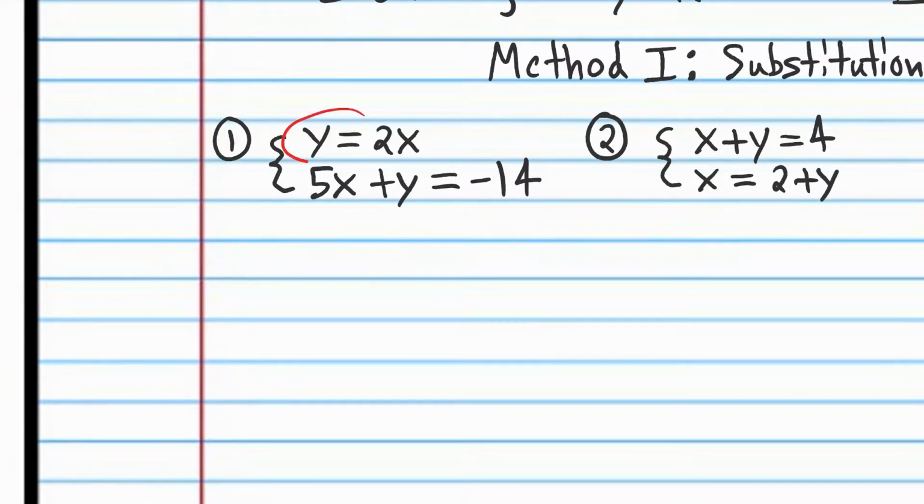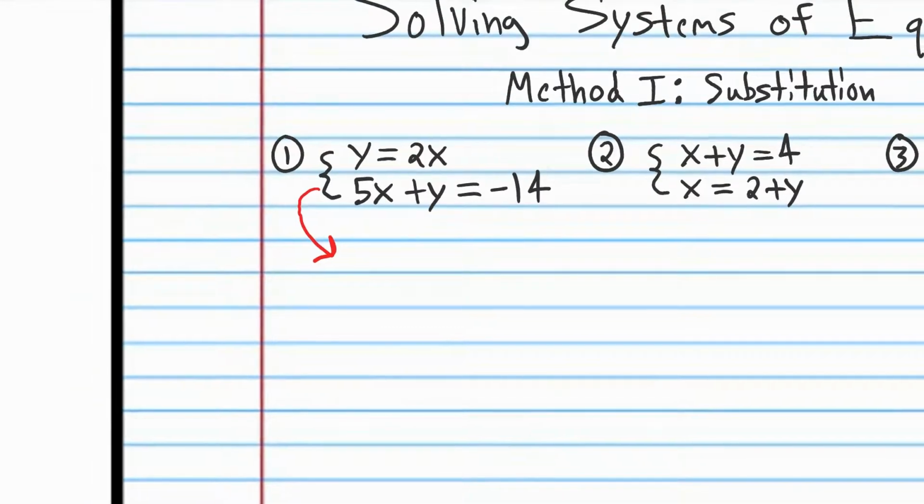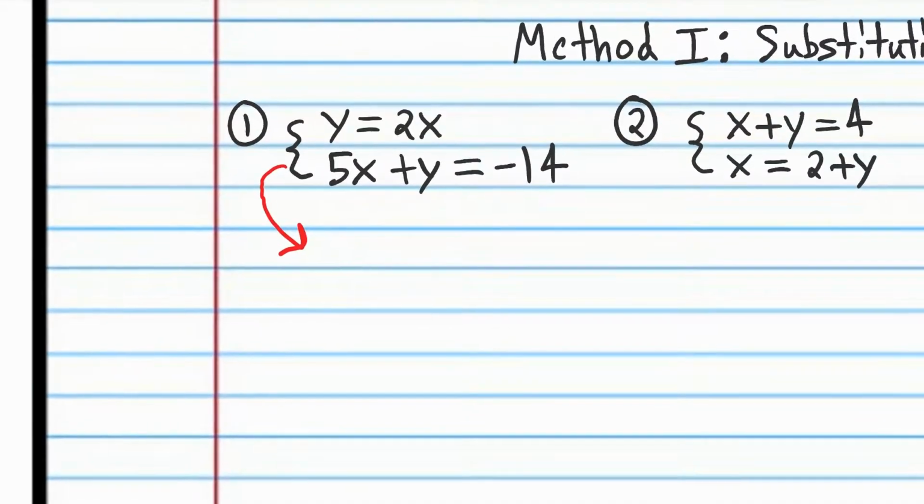So this is the equation where a variable is isolated, the y is isolated. So we're going to take the other equation, the equation where y is not isolated, and we're going to rewrite that equation. And notice that I put an arrow. I guess I'll just put a black arrow because you're not going to have different colors. You might have different colors, but I'm putting my arrow there to show that we're taking this equation and we're rewriting it.